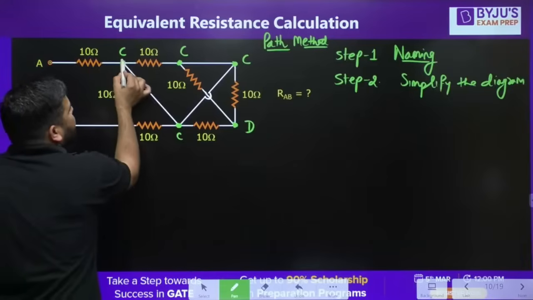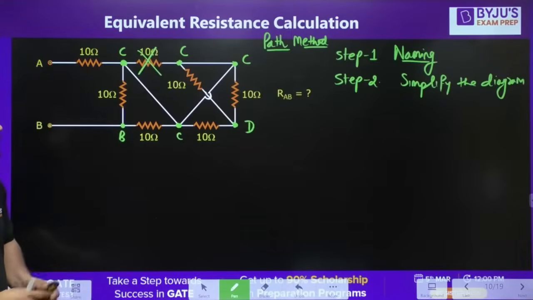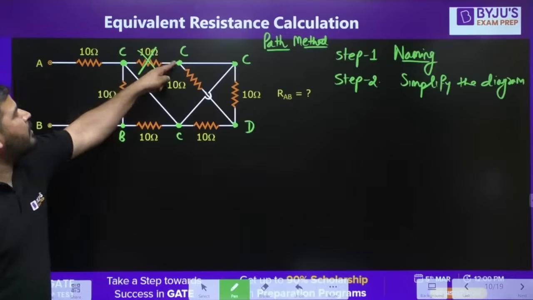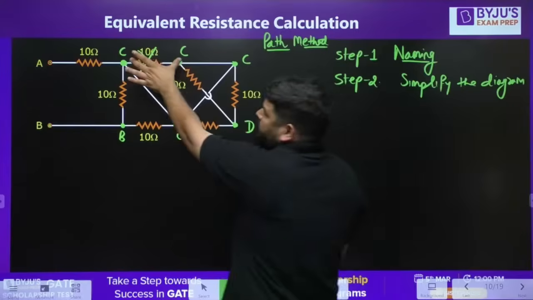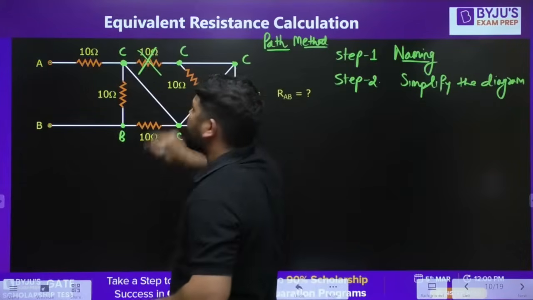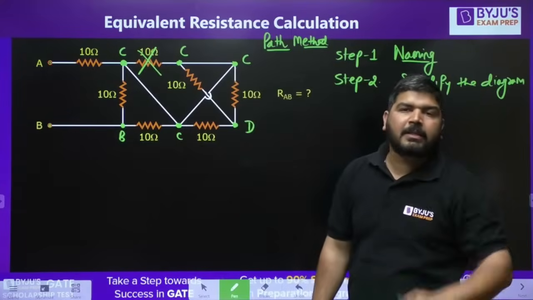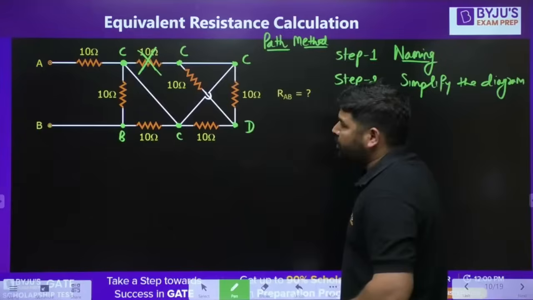Any resistance which has the same name on both sides will not participate in the equivalent resistance. This resistance has C on both sides, so you have to remove it.